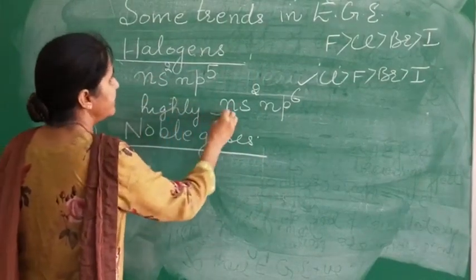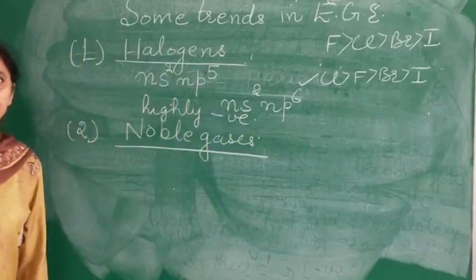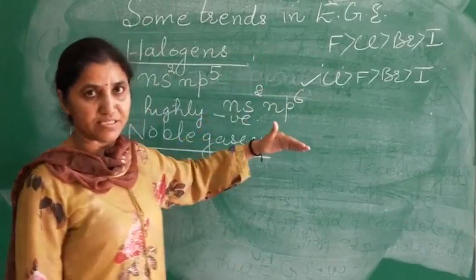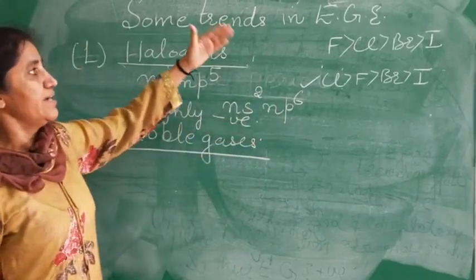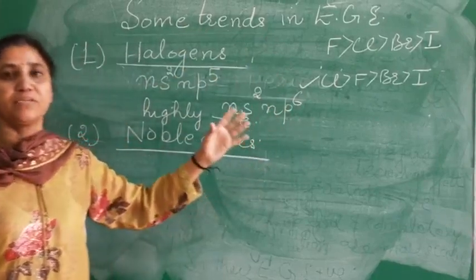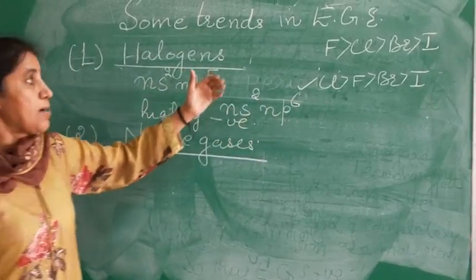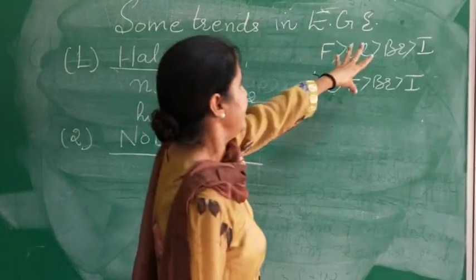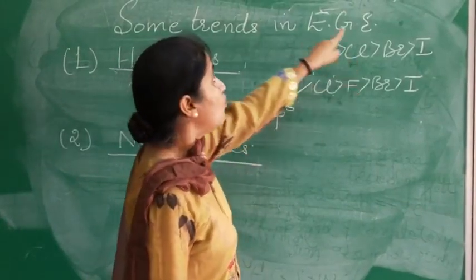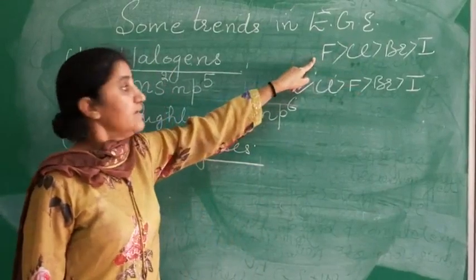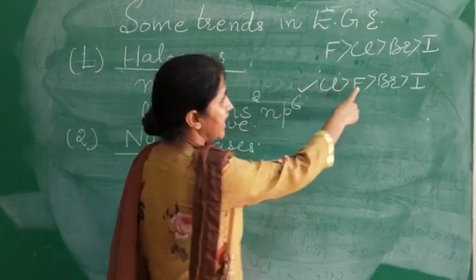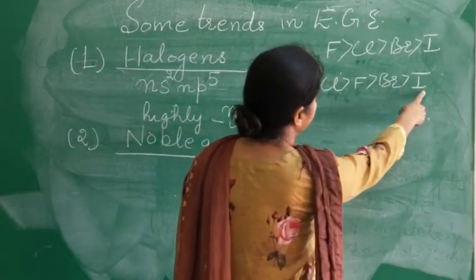Now students, we also know that as we move in the halogens down the group, the electron gain enthalpy decreases because down the group the atomic size increases. But the electron gain enthalpy of chlorine is slightly more than that of fluorine. Now the actual order is chlorine is more negative than fluorine, then bromine and then iodine.